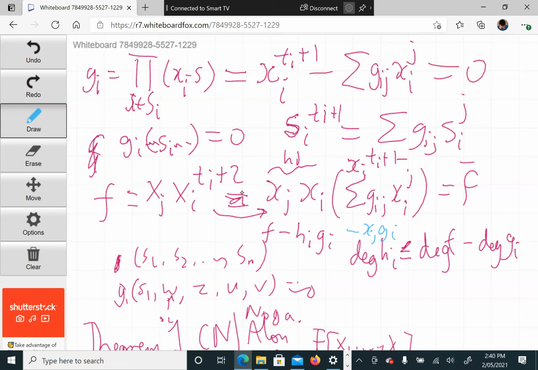So F bar is equal to F minus a sum of HIGIs, and it has the property that it has degree TI or less on all the variables. And it gets 0 when you substitute everything in, because both G and F are 0 when you substitute them in.